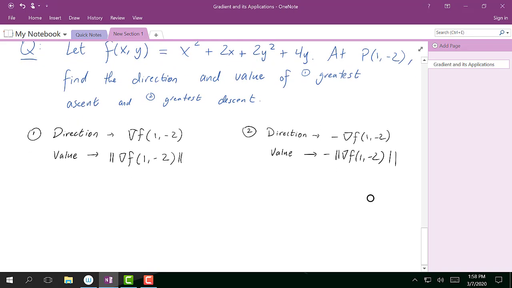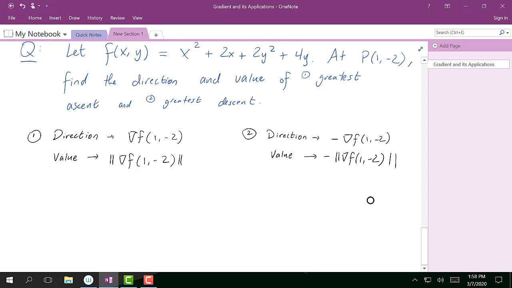So all we really need to do is calculate the gradient of f. The gradient of f at a point (x,y) is the partial derivative of this function with respect to x, which gives 2x plus 2. With respect to y, we get 4y plus 4.